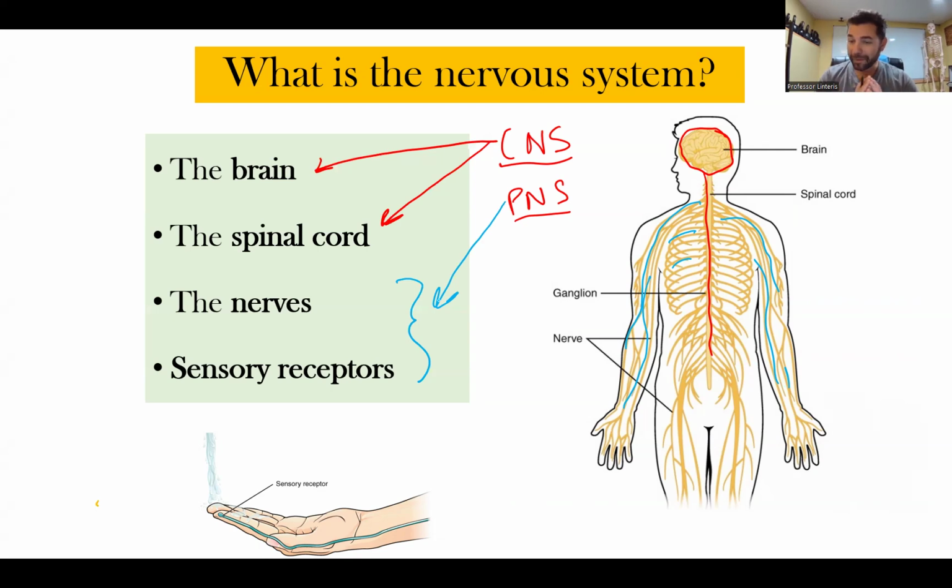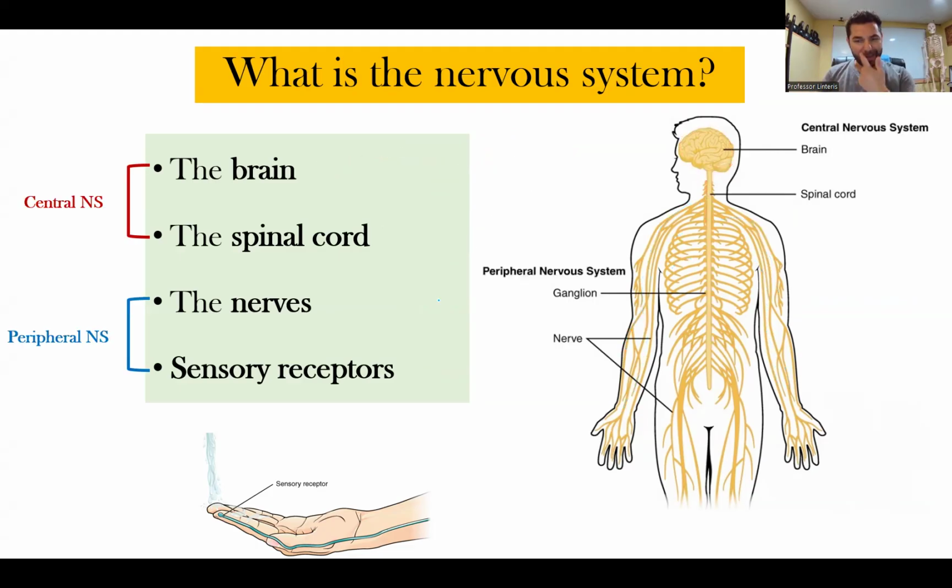We will talk about a plethora of them, but sensory receptors are basically receptors found in the peripheral nervous system that can detect some stimulus, whether it be touch, pressure, temperature, things like that. So this is a pretty important division, right? As we could see here on this slide, how it's broken down.